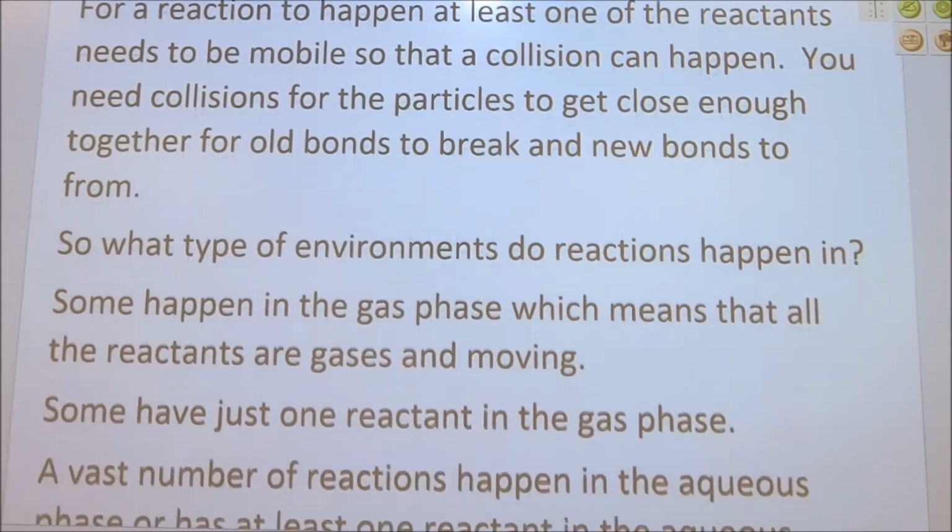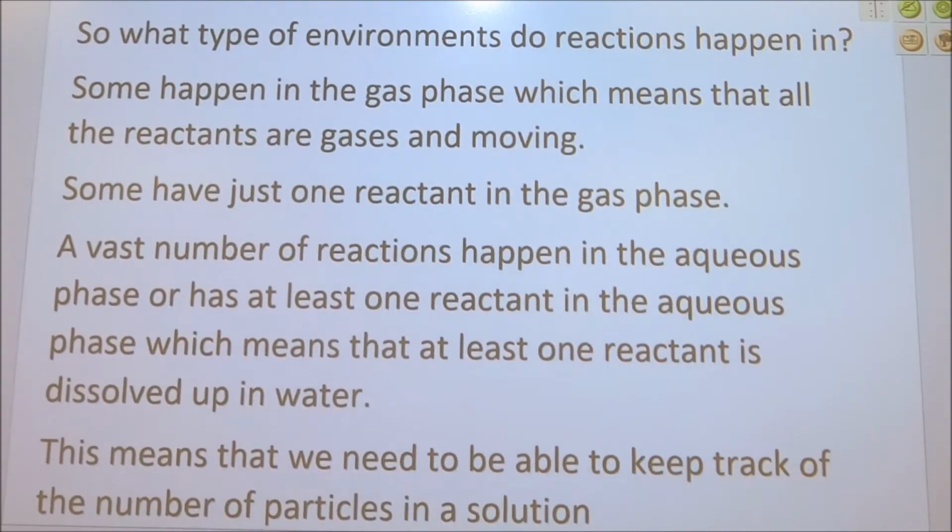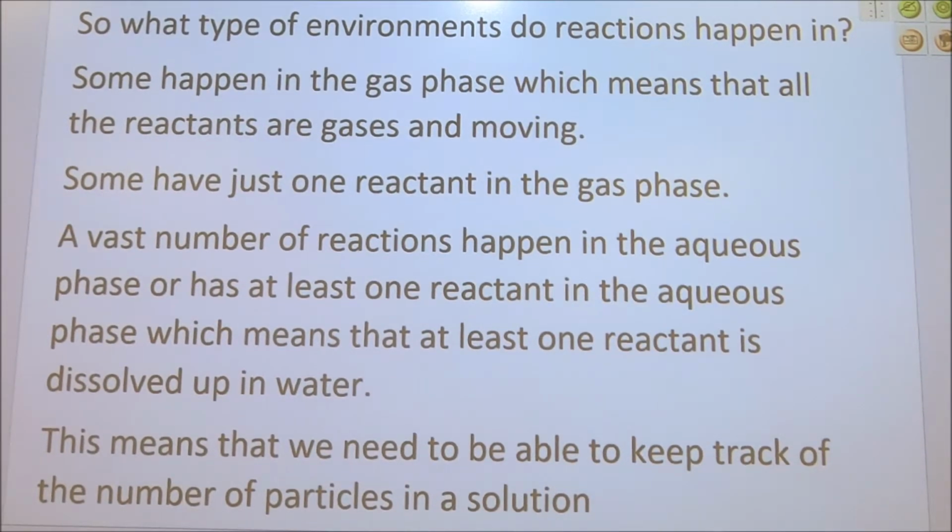That means in some kind of phase where it can move. So that means gas phase, that means liquid phase, that means aqueous phase. If I just put two solids together, you're not going to get a whole lot of slamming and reacting going on.